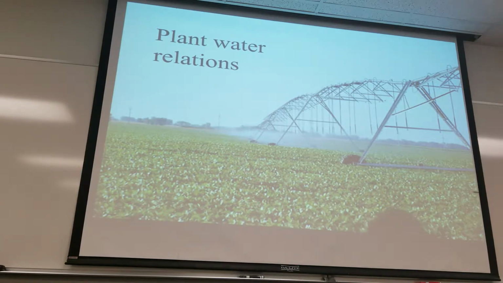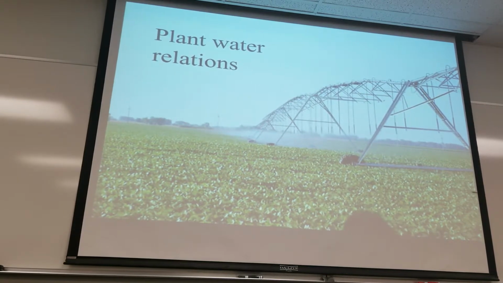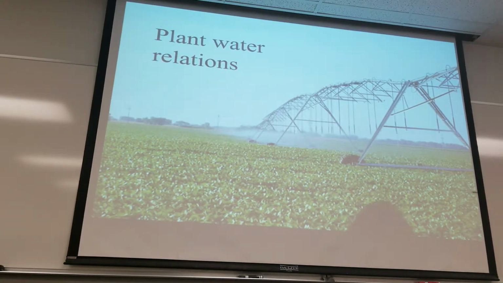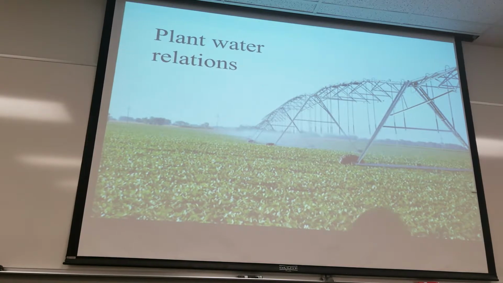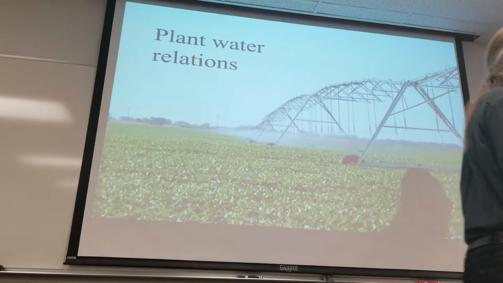It doesn't do that. Ultimately, the stomata are open so that the plant can be in contact with the air for carbon uptake, and the water loss is a consequence of it.